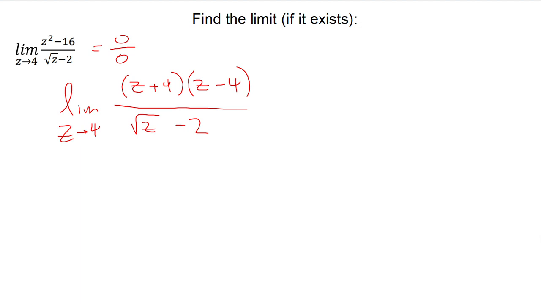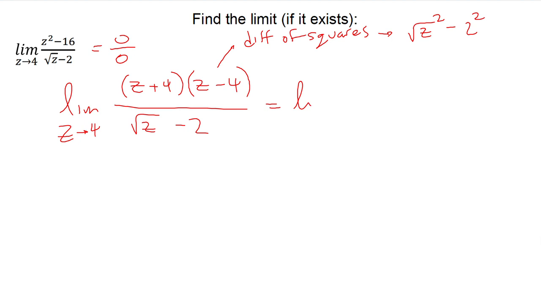And we may look like we're kind of stuck here, but we can treat z minus 4 as a difference of squares, right? It's just root z squared minus 2 squared.